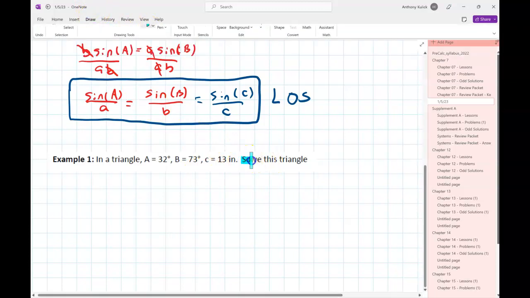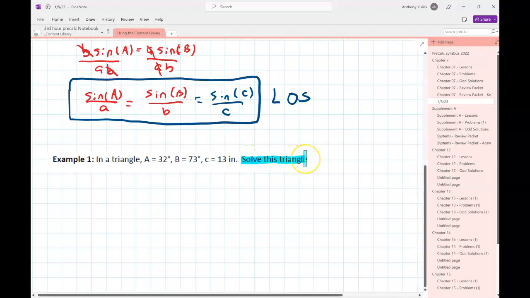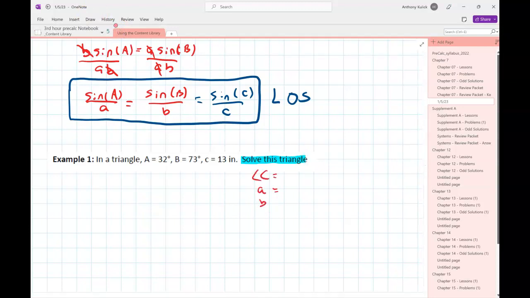When we say solve the triangle, what does that really mean for us? It means we need to find angle C, we need to find side A, and we need to find side B, the other three measurements. Feel good to you guys?